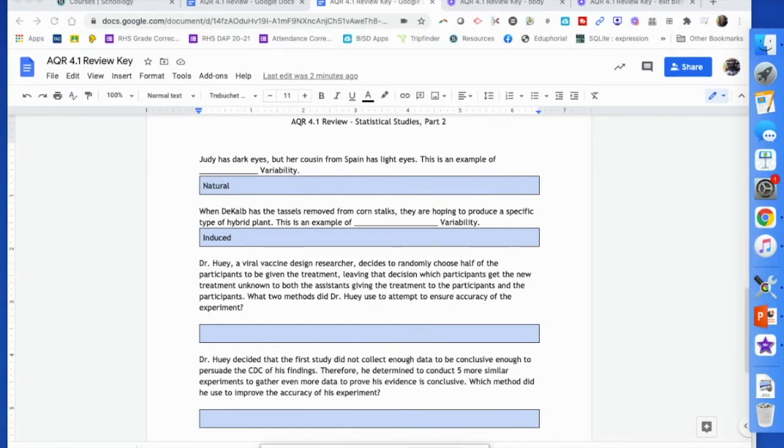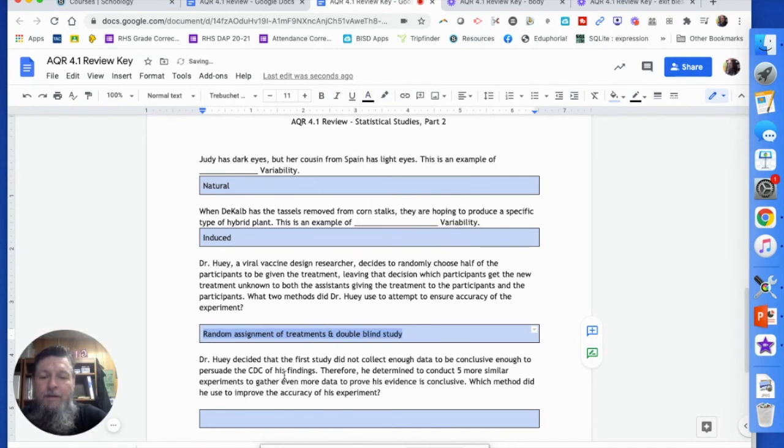So if they know who is getting the treatment and who's not, they may, unbeknownst to them and unintentionally, give bias towards the group getting the treatment and not the control group. So getting this to be double blind can ensure more accurate reports. It's a double blind study. So our actual answer here is random assignment of treatments and double blind study.